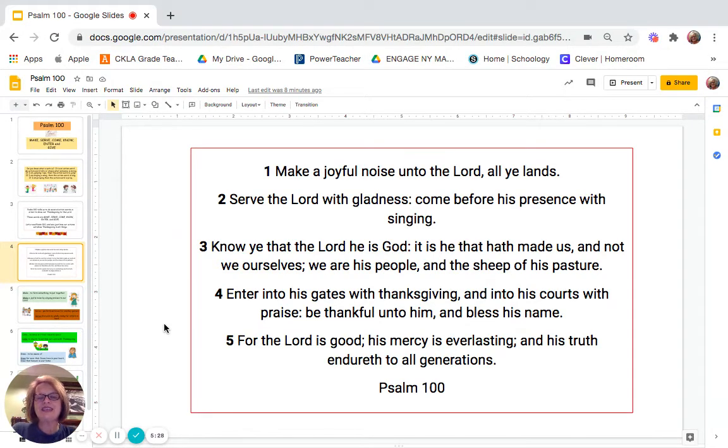Enter into his gates with thanksgiving, and into his courts with praise. Be thankful unto him, and bless his name. For the Lord is good, and his mercy is everlasting, and his truth endureth to all generations.